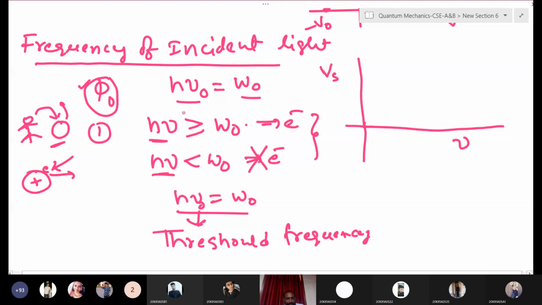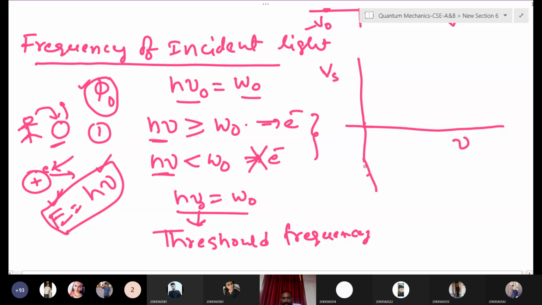Threshold energy is equal to h nu. Frequency means nothing but energy only. The minimum frequency required to eject the electron is the threshold frequency.